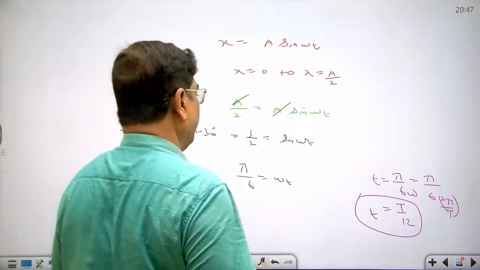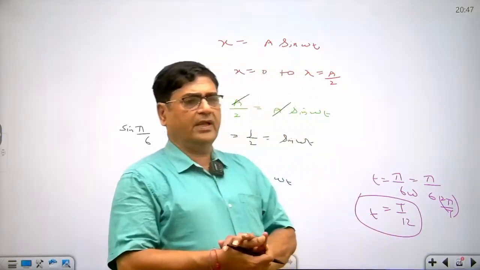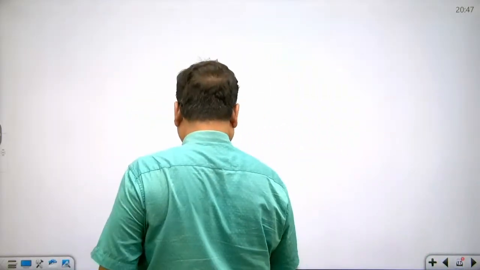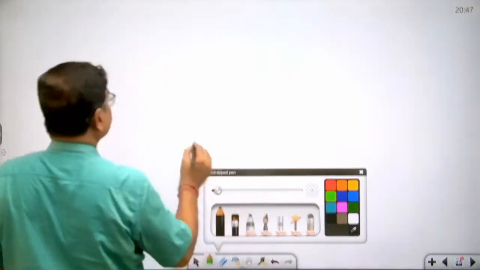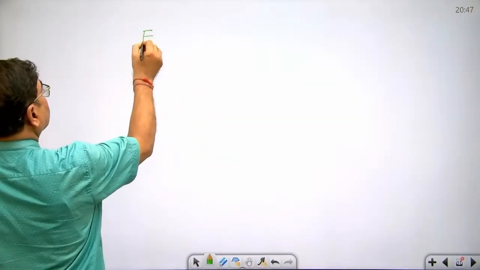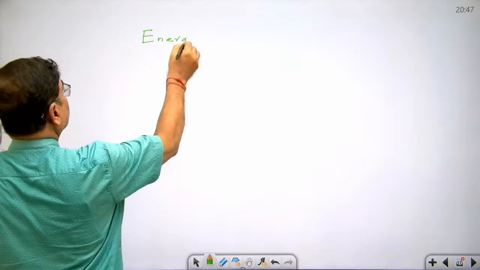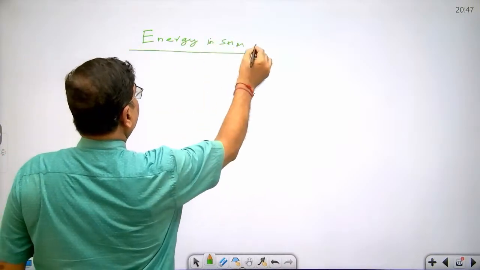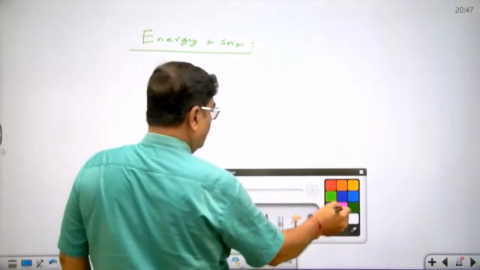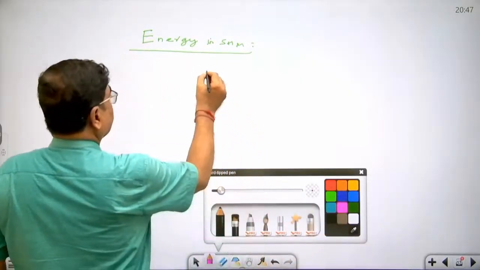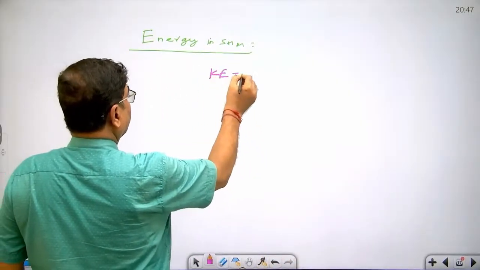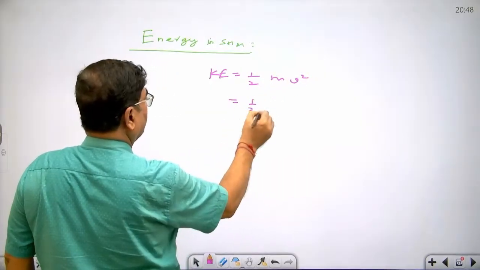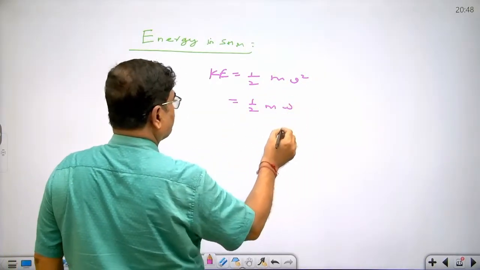Now, dear student, we will be looking at energy in SHM. The kinetic energy can be written as half m v square, and v is omega root a square minus x square.